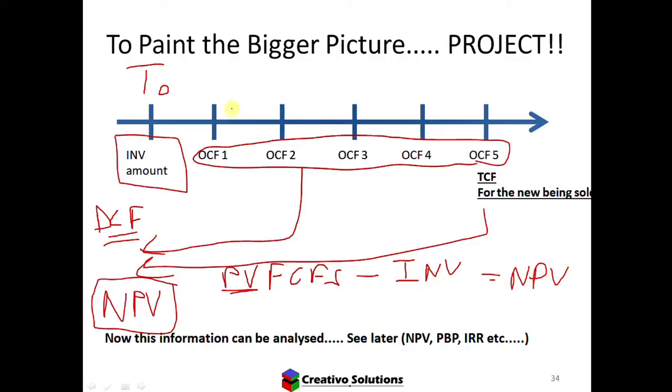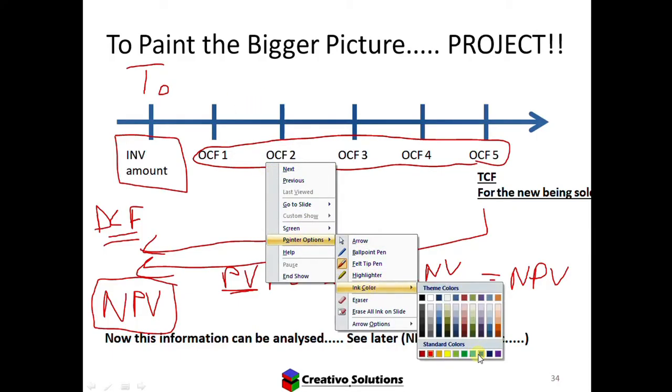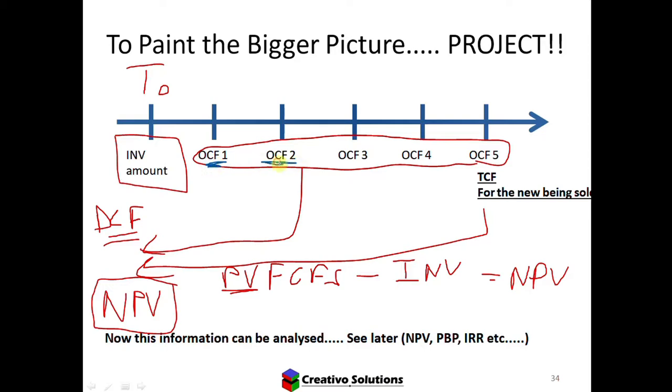So if all of these cash flows are very, very big, very, very positive, even when I discount them back in time, let's assume the present value of all the future cash flows, including the TCF, comes out to, let's say, 100. I'm just going to keep the number small so it's simple to interpret.